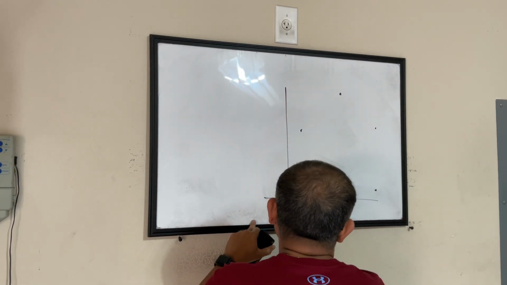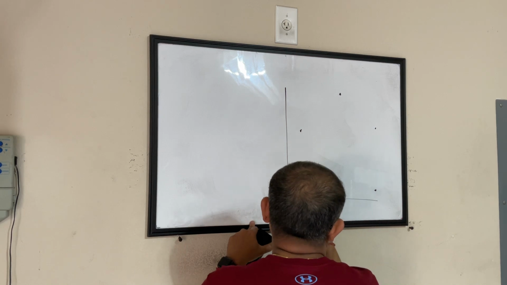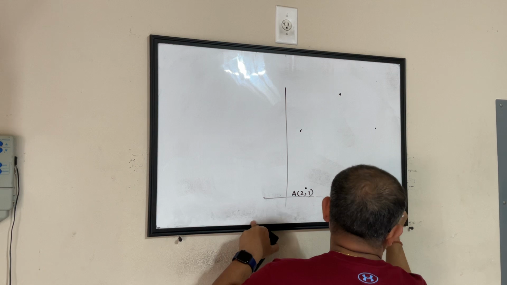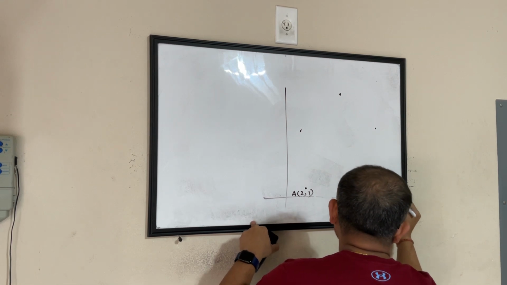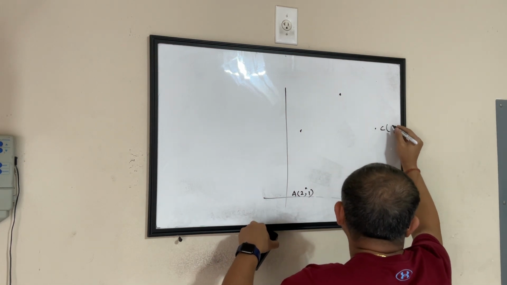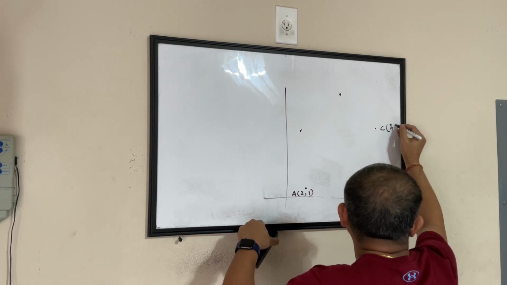Okay, this one has coordinates, let's say 2, 1. This is point B, which has coordinates 8, 1. This is the third point C, which has coordinates 8, 7.